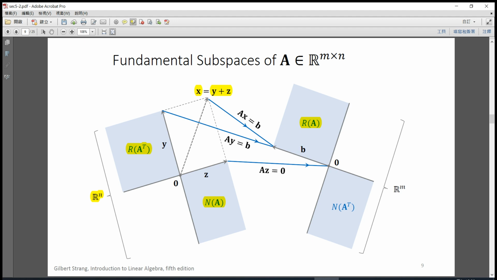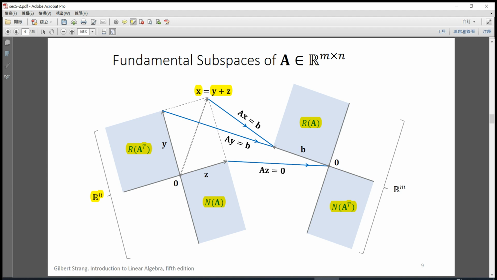From this figure, we know that if the dimension of the null space of A transpose is greater than 0, then the mapping Ax is not onto. Because if the dimension of the null space of A transpose is greater than 0, then we can find some non-zero vector b in N(A^T).